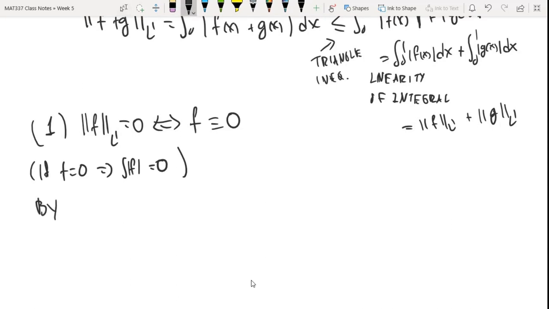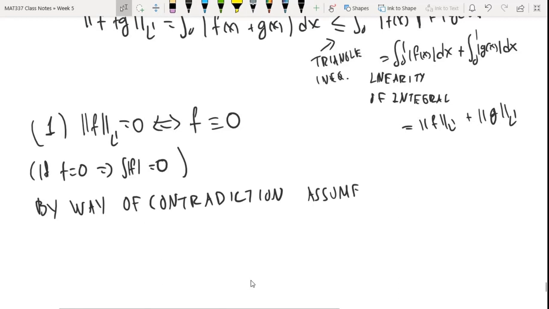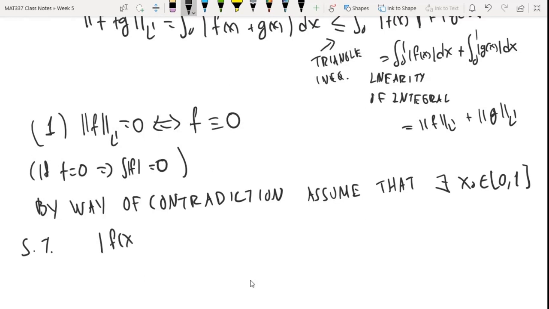So by way of contradiction, assume that there exists x naught in 0, 1 such that the absolute value of f of x naught is bigger than 0.